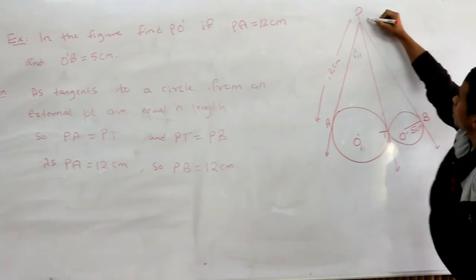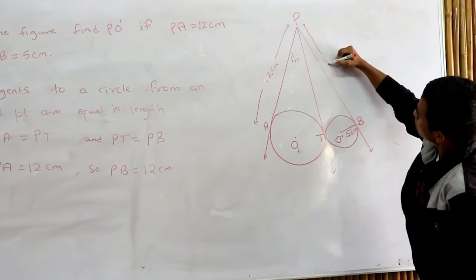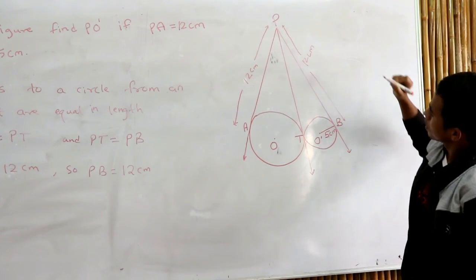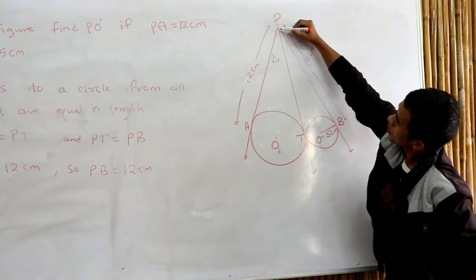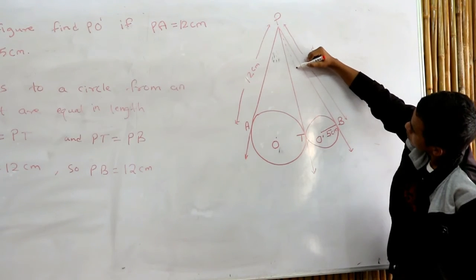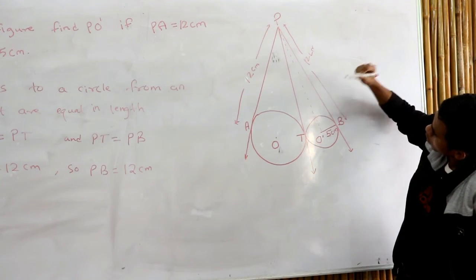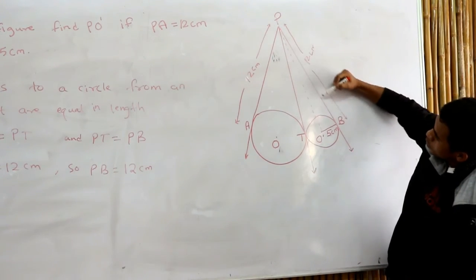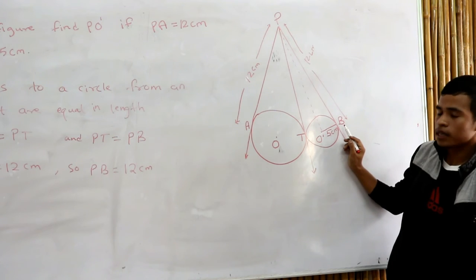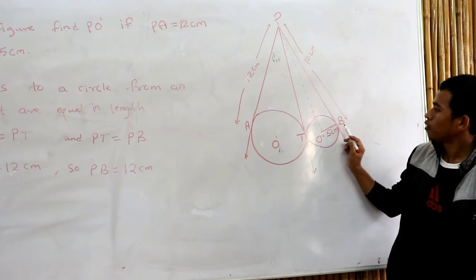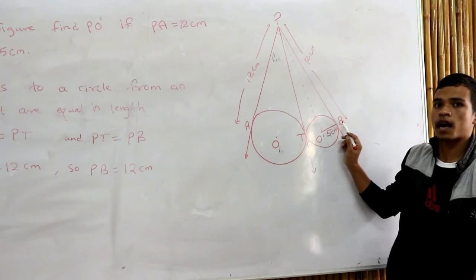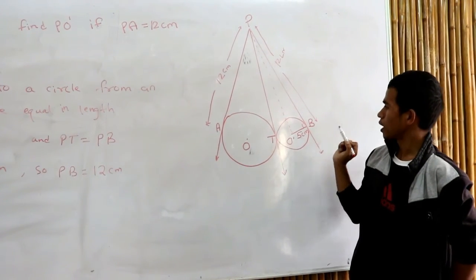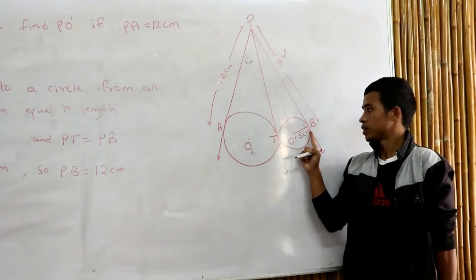So we have got this length PB to be 12 cm. And in the question, what we have to find is this distance PO dash. And again, this is a tangent to this circle, and O dash B is a radius of this circle through the point of contact. So this angle, by that first theorem, will be 90 degrees.